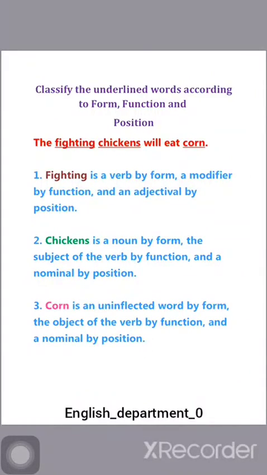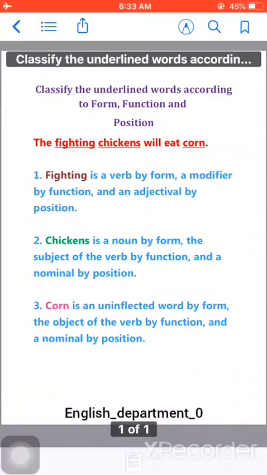So we are going to see the questions in these two ways, either to give you the idea and then state whether it is correct or not, I mean true or false, or I'm going to say, for example, by function it is number 1, number 2, number 3, number 4. That's to say I give you certain options. This is the way to classify words in a sentence according to form, function, and position. And by the way, we don't give you words and ask you to classify them in isolation.